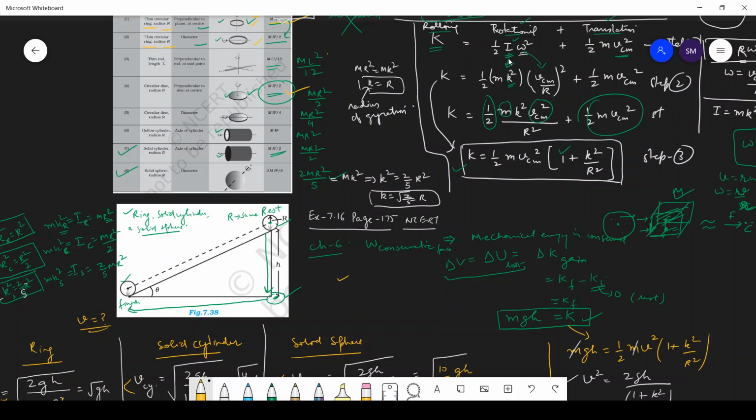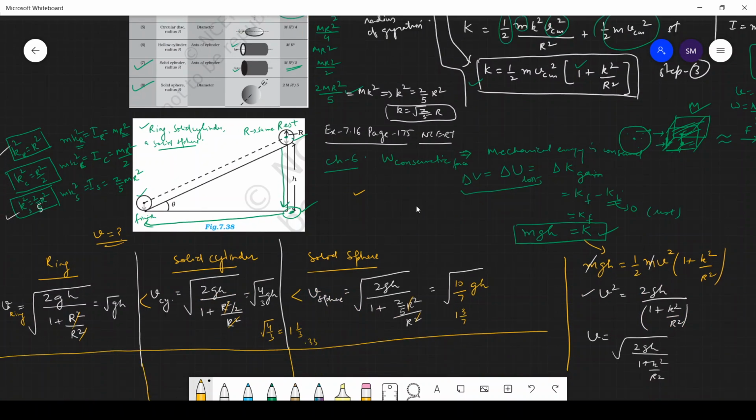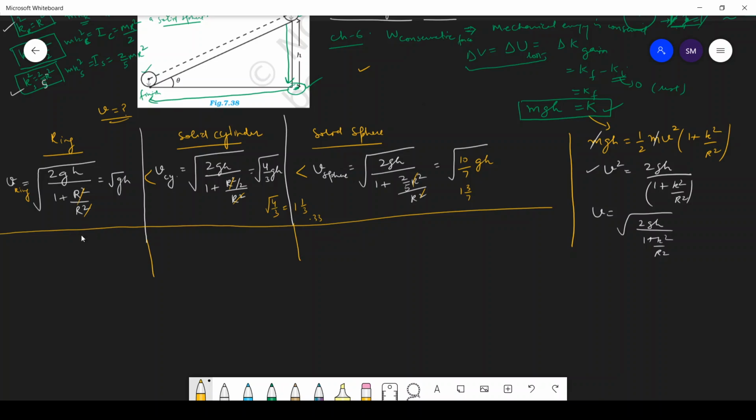The rotational kinetic energy is half moment of inertia into omega square, that is 1/2 I omega square.